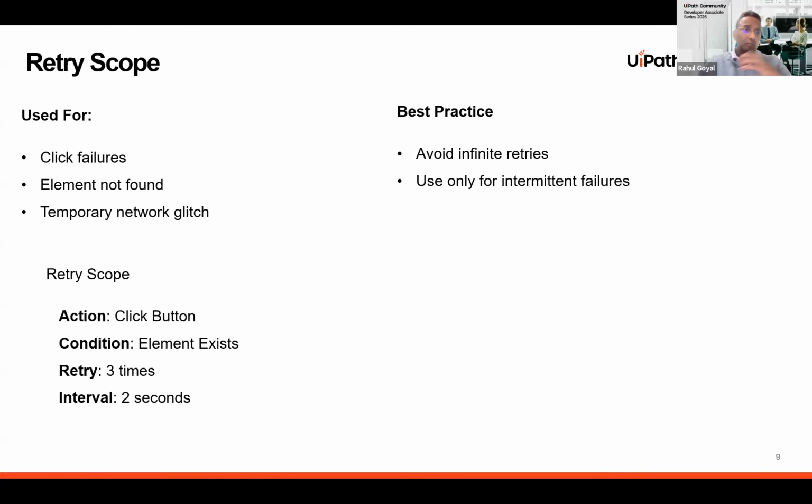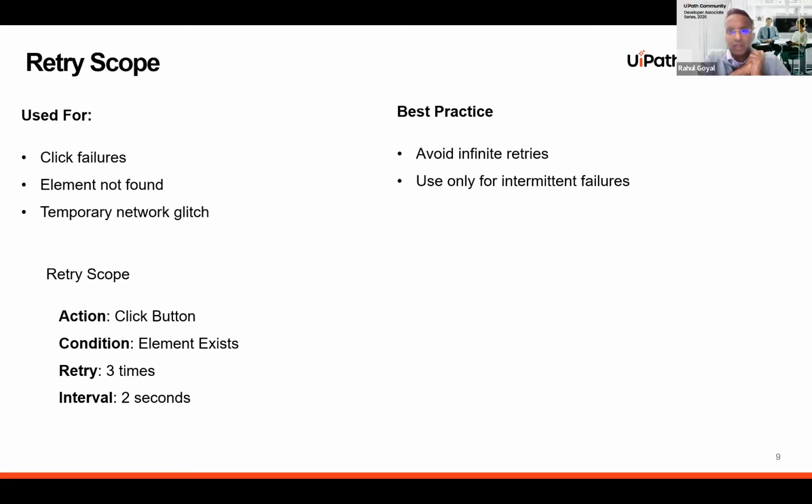Like I said earlier, there are multiple retry scopes you can use when an exception is caught, depending on what to do next. You could say, if a selector has changed and I'm trying to click a button, do I give up at the first click itself, or do I want to retry multiple times and keep checking?